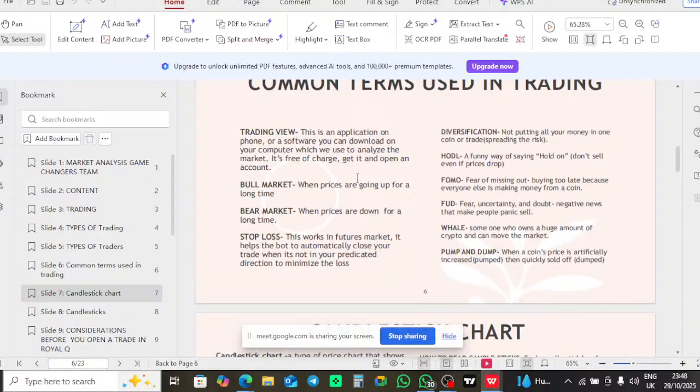Are we together? So next year will be a bear market, and we can see here we also have the bear market, when the price is going down for a long term. Next year the market will definitely be going down and down and down, slowly, not at once. It can drop, it can again move up, it can drop, then again move up, like that.